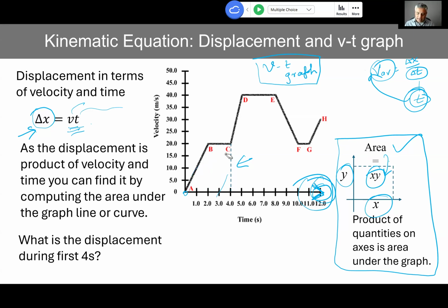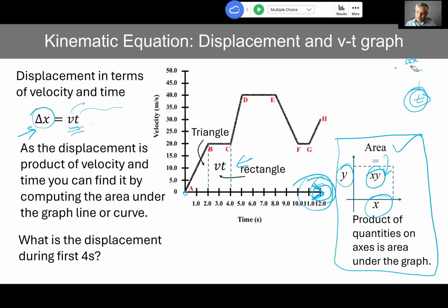It's easier if we divide this into two parts, because we know how to find the area of a rectangle. It's just the product of two side lengths, right? And the area of a triangle. Do we know how to find the area of a triangle? Does that sound like something that we have learned? You have learned? Yeah. Half height times length. Yeah. Half base times altitude, something like that, right?